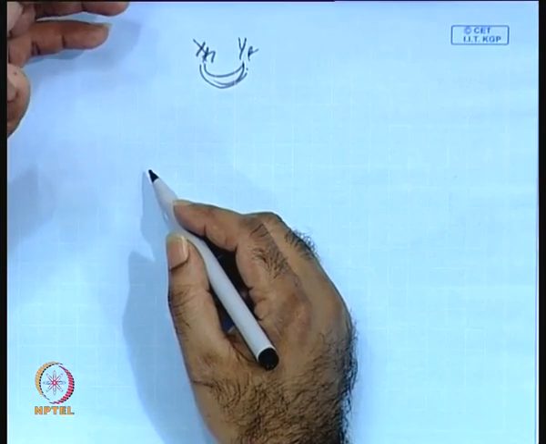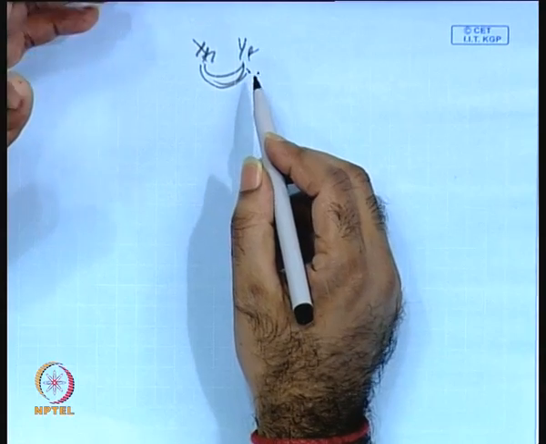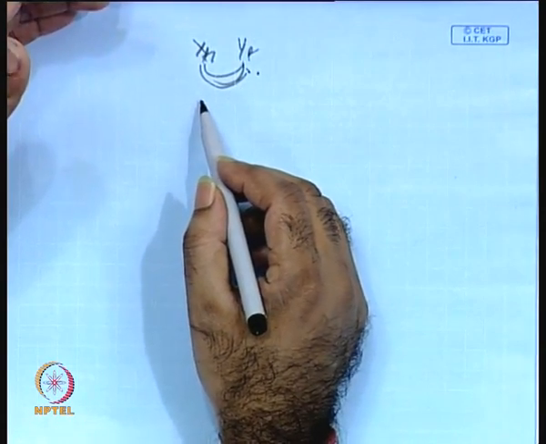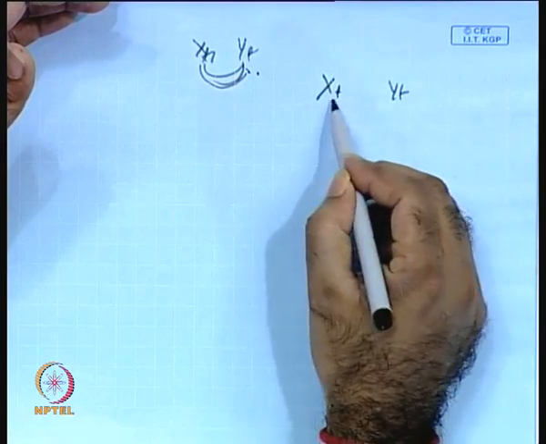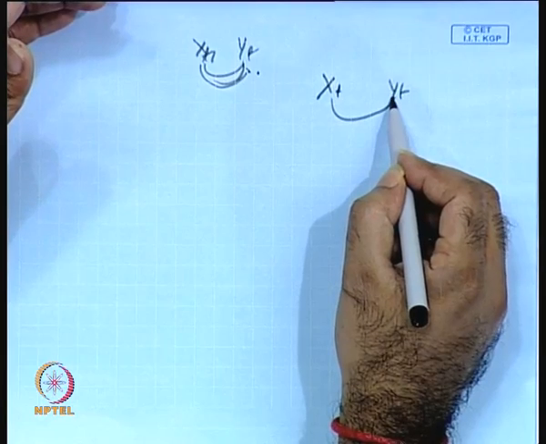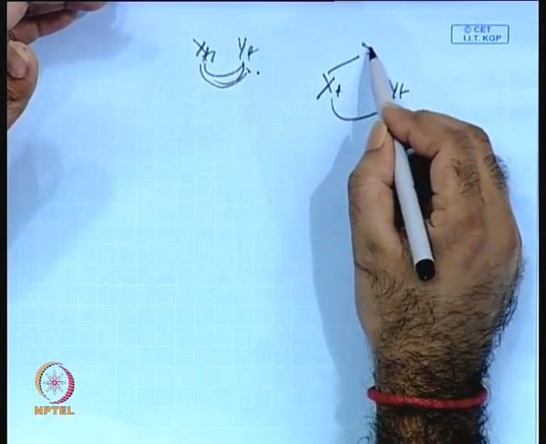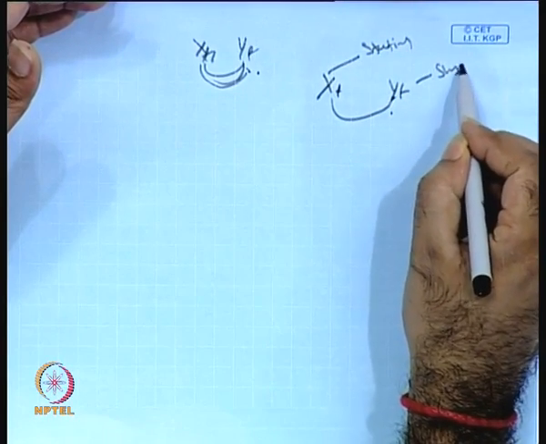Basically it has 3 standard steps. First step: let us say there are 2 variables, x t and y t. You would like to know whether there is any relationship between x t and y t. That is our target. Obviously, you first have to find out the stationarity issue for x t, and also for y t.